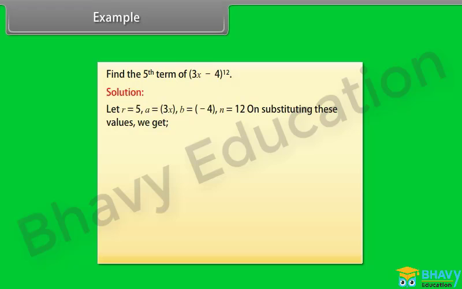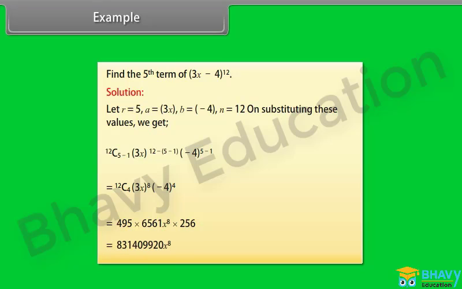On substituting these values, we get 12C(5−1) × (3x)^(12−(5−1)) × (−4)^(5−1), which equals 3140 9920 x^8.